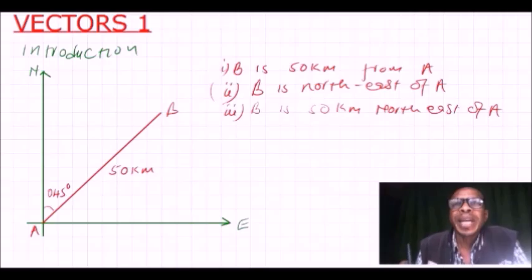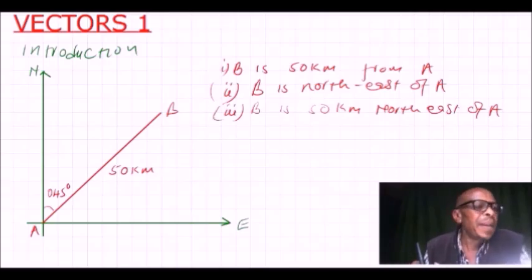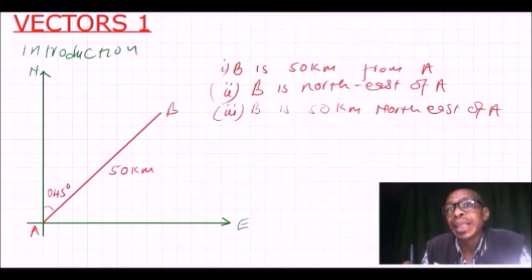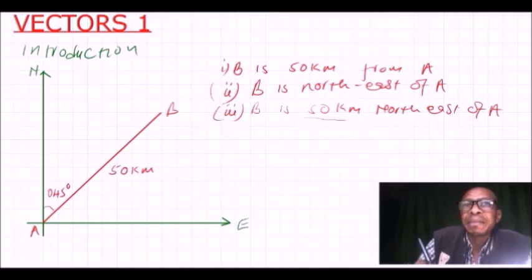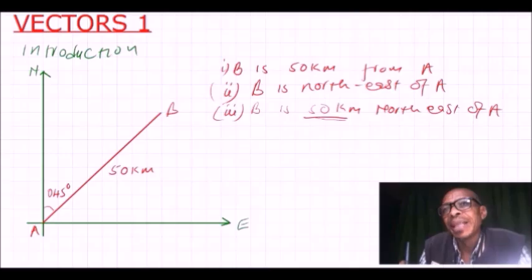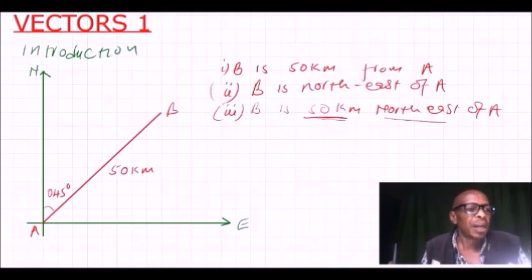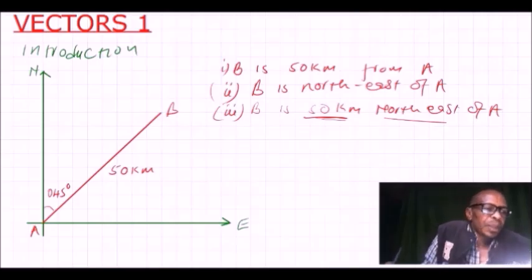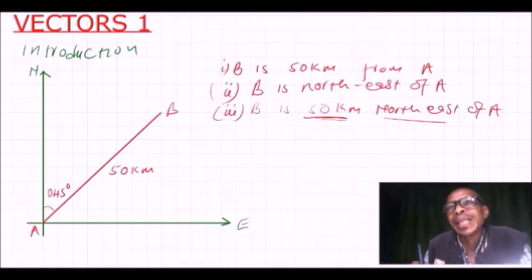So the third one best describes position B. Why? Because it specifies the distance from A and the direction. So this is what we call a vector.